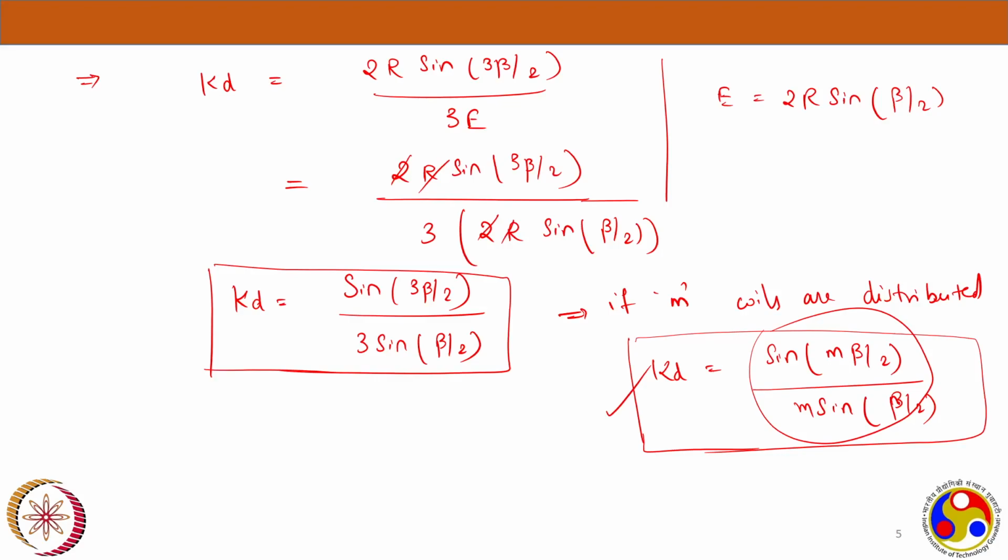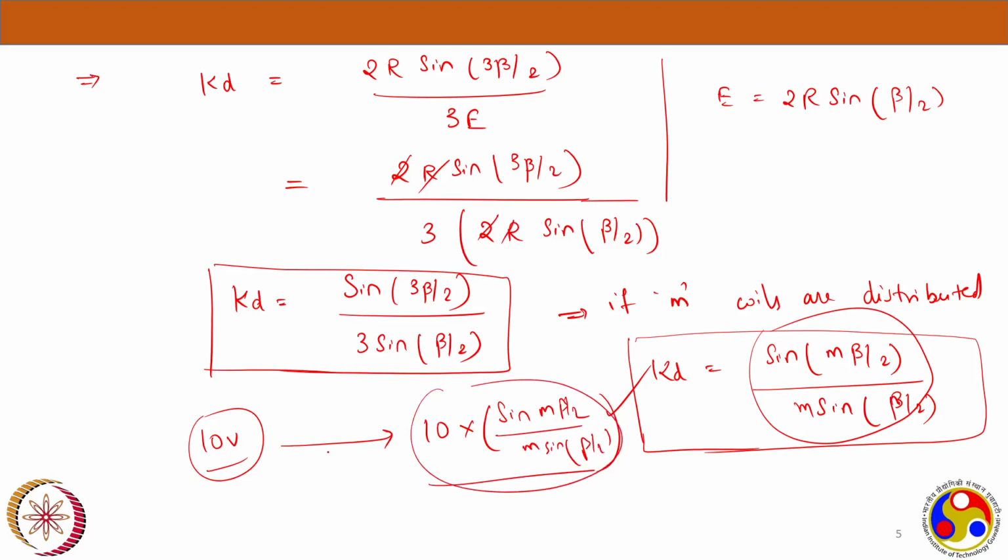So that is a ratio. Like if let's say I got 10 volts in concentrated winding, in distributed winding I will get 10 multiplied by KD. This is sine m beta by 2 by m sine beta by 2 times the voltage you will get if it's a distributed winding.